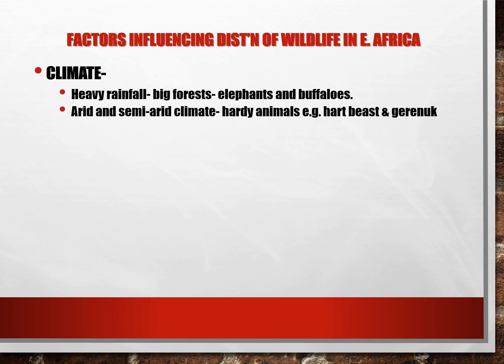One is climate. Now, just a recap before we discuss this. Students should note that one of the terms that we do not encourage using in geography is climate. We are not saying that you don't use the term climate, but climate is a general term referring to many weather elements.